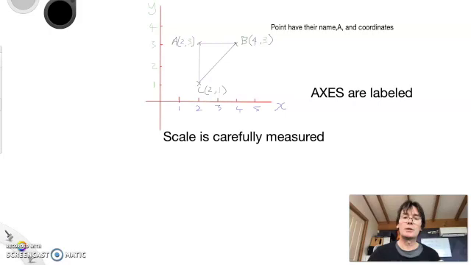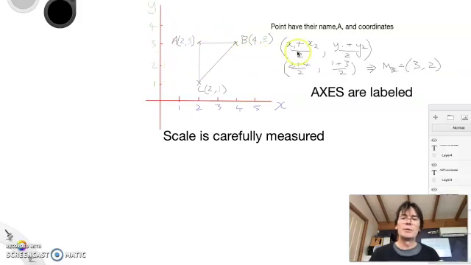So if you look up here, we have an x value of 2 for C, and an x value of 4 for B. Halfway in between them is 3. That'll be the x coordinate of the midpoint. Likewise for the y value, we've got a y value of 1 for C and a y value of 3 for B. Halfway in between them is 2.